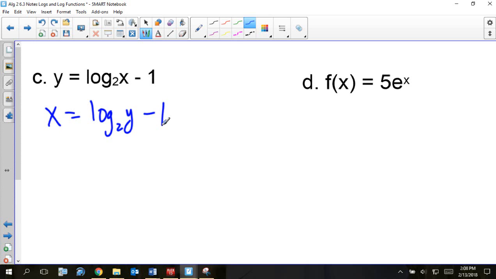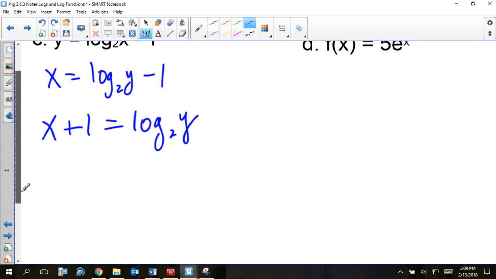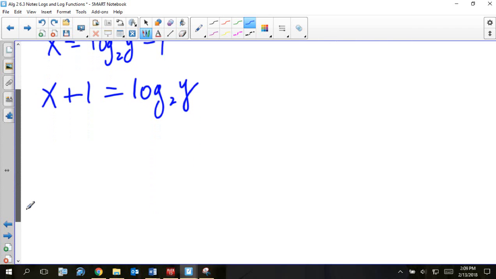That's going to be my next step. Now, to get y by itself, I have to get rid of log base 2. So what is the inverse of log base 2? What cancels out log base 2? 2.